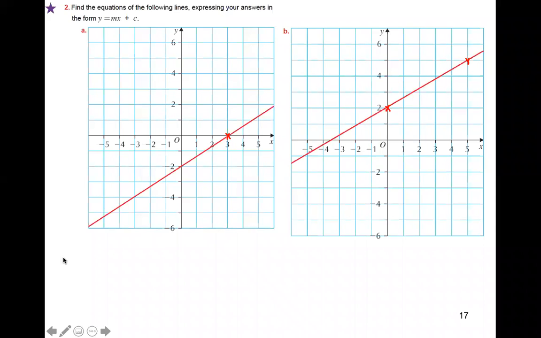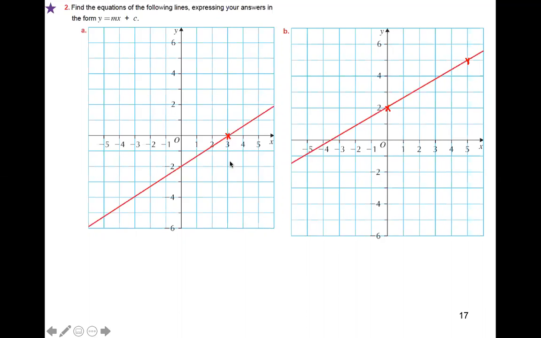Now that we have a line given to us, we can give the gradient based on what we see here on the screen, being how much step we have on the vertical line versus how much step we have on the horizontal line. So I can see here from this point to this point, I'm going 2 up.